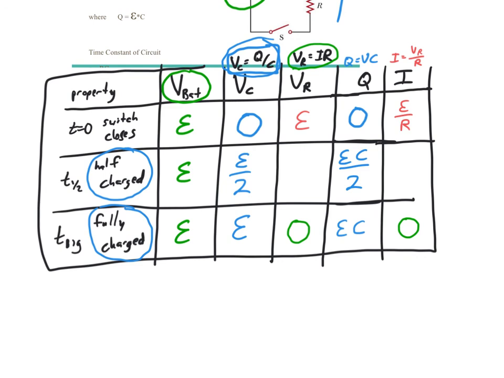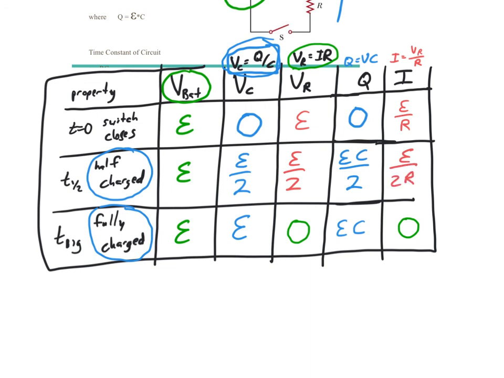Which means that in our loop, the capacitor is only using up half of the voltage, which means that the resistor needs to use up the other half at that time. And since the voltage is at half for the resistor, then the current is also going to be at half for the resistor.